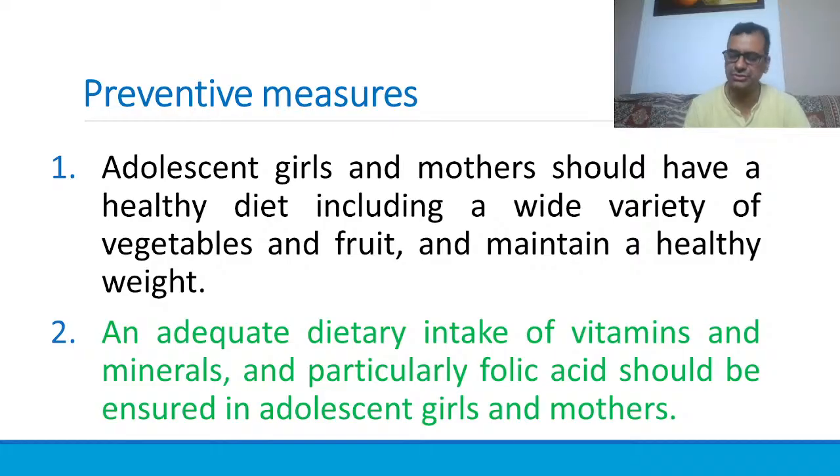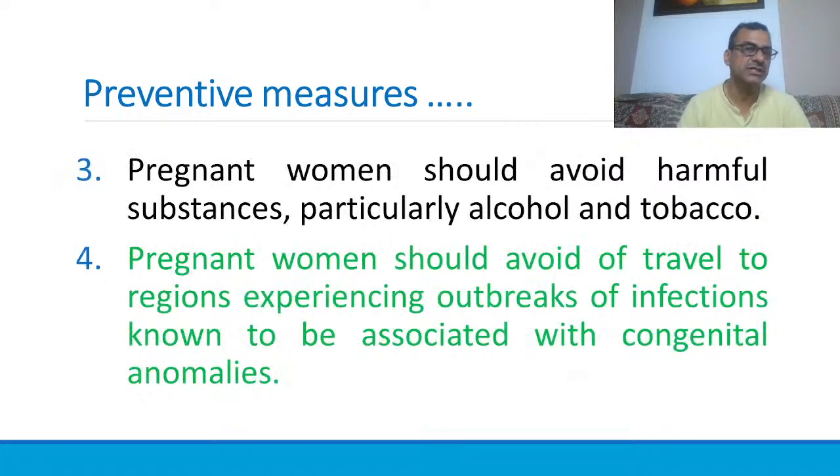Then the chances of birth defects will be less. An adequate dietary intake of vitamins and minerals, particularly folic acid, should be ensured in adolescent girls and pregnant mothers. Why adolescent girls? Because they will become future mothers. So this nutritional status should be supported in advance.